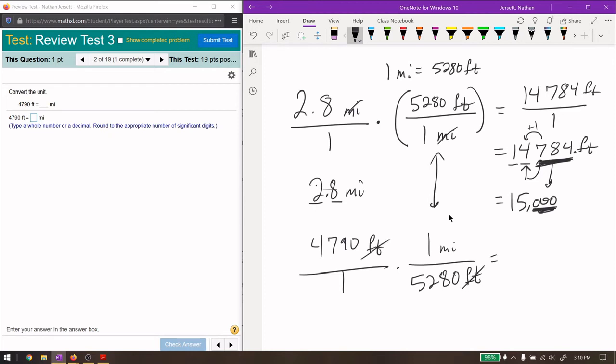So now we have 4,790 over 5,280, and this is going to be miles. 4,790 over 5,280 gives me 0.907196, and it continues on, and that's in miles.